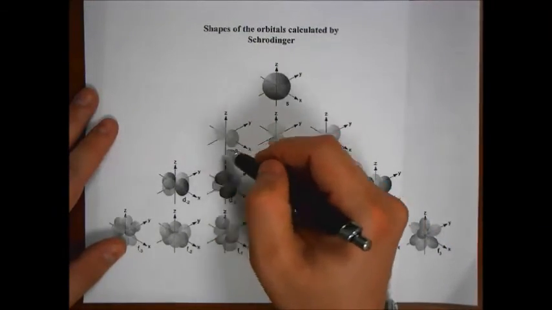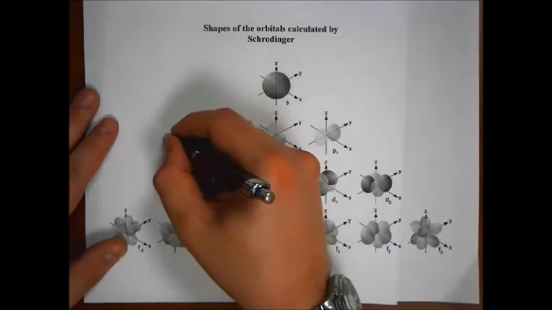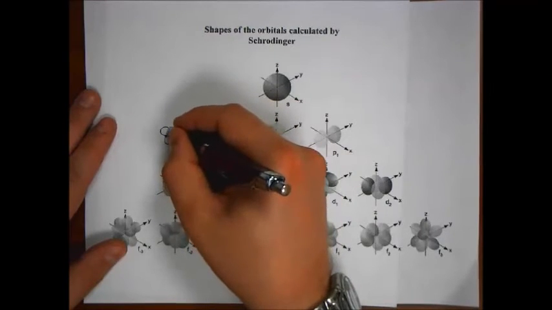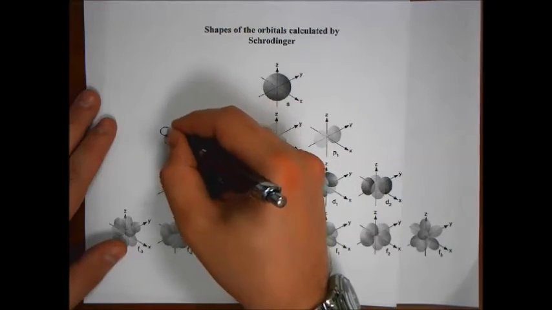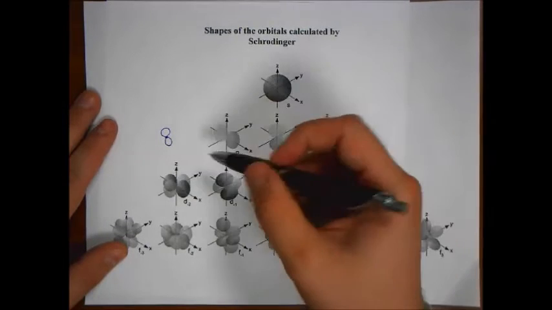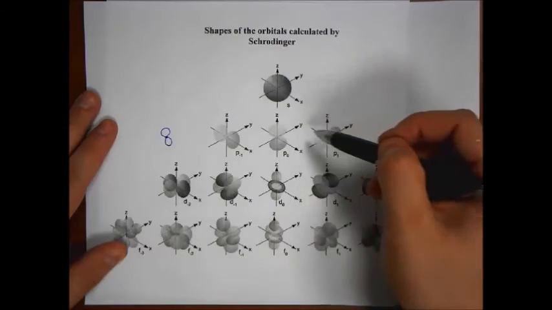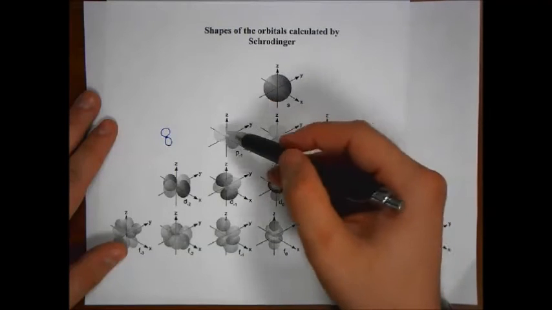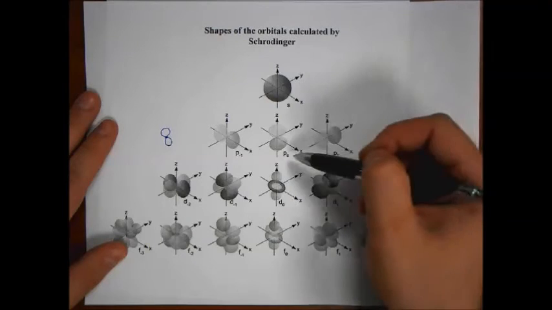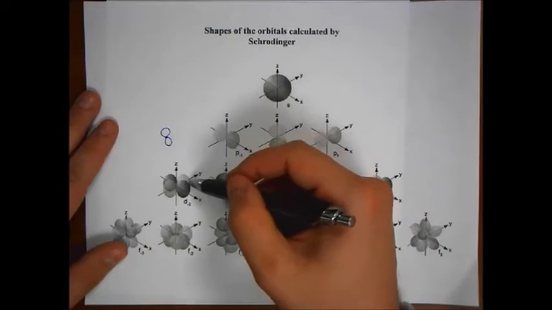The p orbitals are as if you were to take two balloons and attach them at the center point, so you get these two different lobes. That's what a p orbital looks like. The different p orbitals are oriented along the different axes: one going into and out of the paper, one going up and down, and one going along the y-axis.